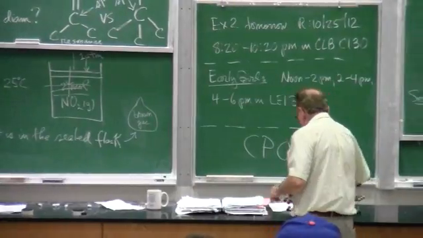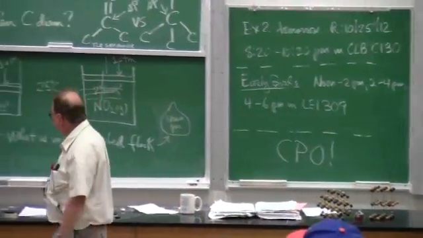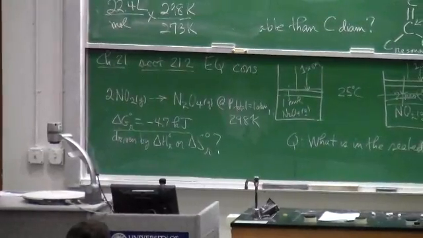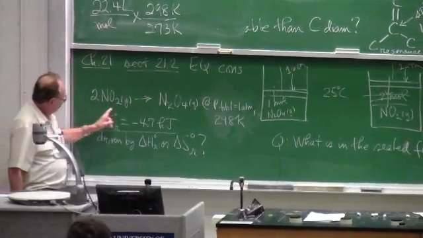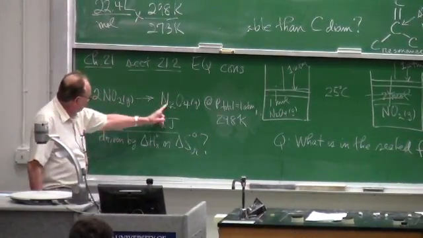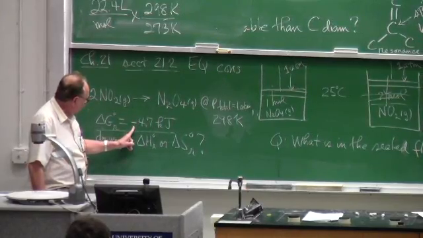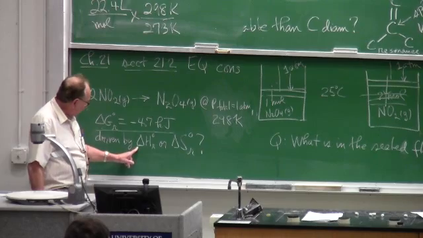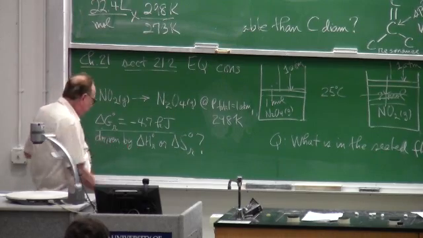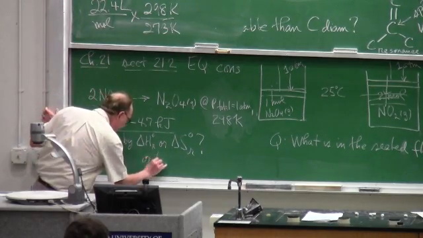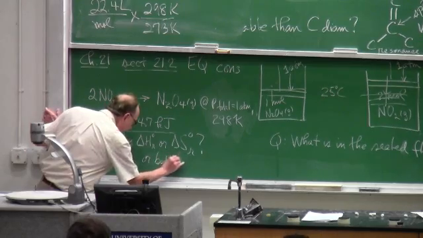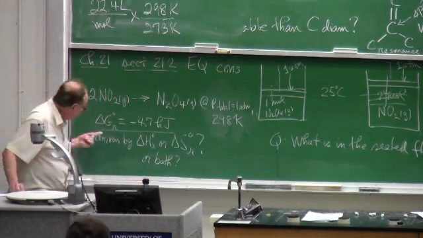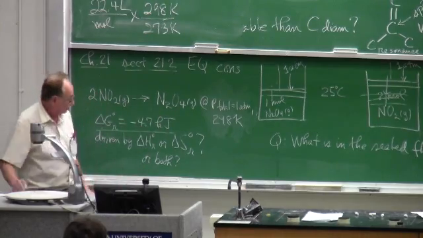Now, one more question. We recognize that for this conversion, 2 moles of this becoming 1 mole of this, which is spontaneous, is this transformation driven by delta H0, delta S0, or both? Clearly it's got to be driven by at least one of these because this thing is spontaneous.